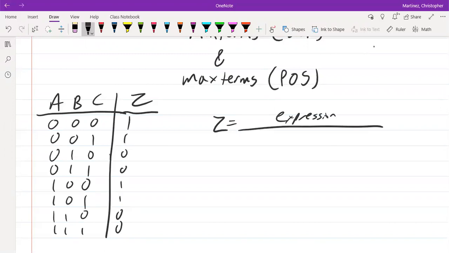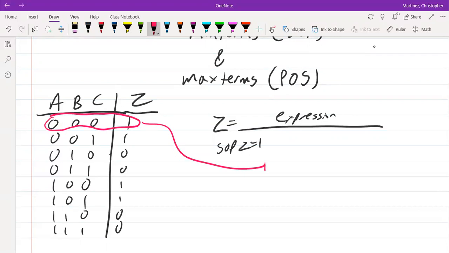How would we go about doing this? I could write it two different ways. If I want SOP, I want to solve for when Z is equal to 1. What we did last time was I took this value right here and asked, how do I express that? I said that was going to be an A bar, a B bar, and a C bar.